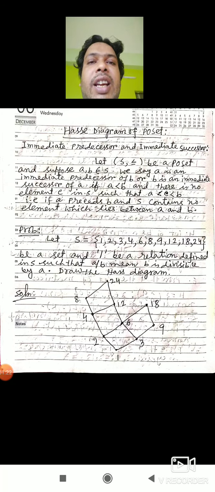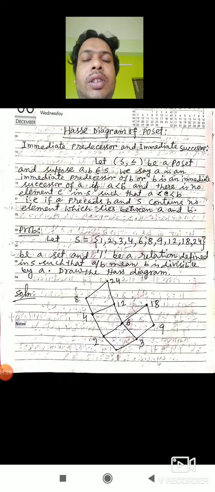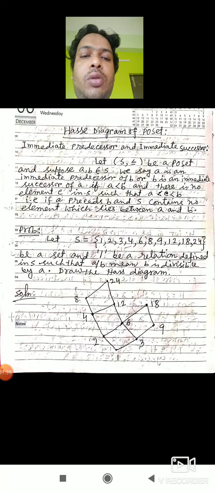Now we see that 1 is the least number. The immediate successors of 1 are 2 and 3. So first we draw 1 to 2 and 1 to 3.